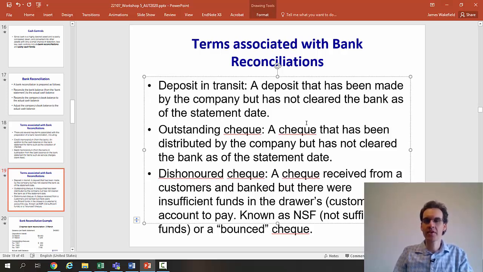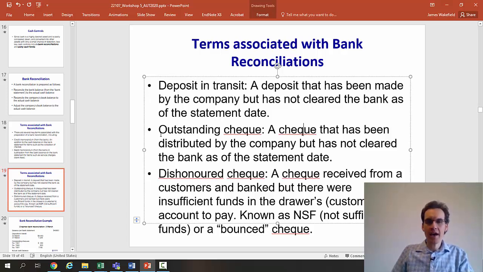If you deposit an amount of cash into the account, the bank may take a business day for that to be reflected in your records. If you take a check to the bank and deposit, the bank may need a couple of days in order to clear that check. So these are deposits which increase your bank balance that are in transit. So they are essentially pending processing by the bank.